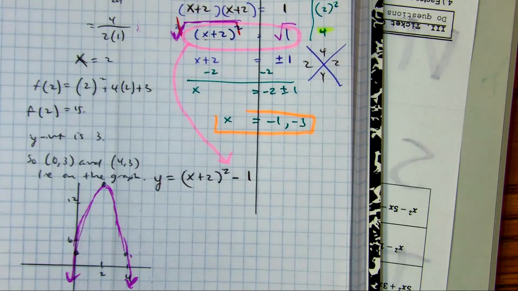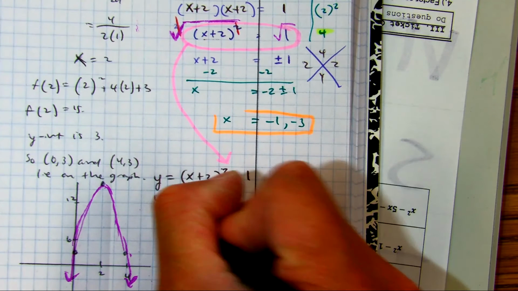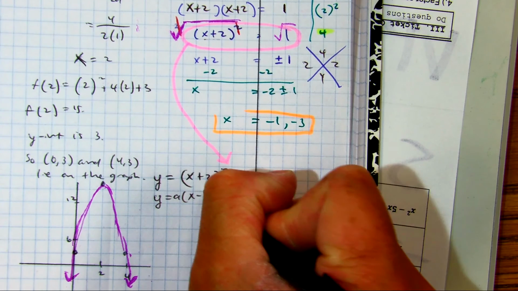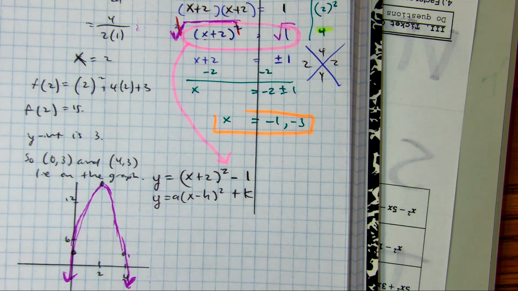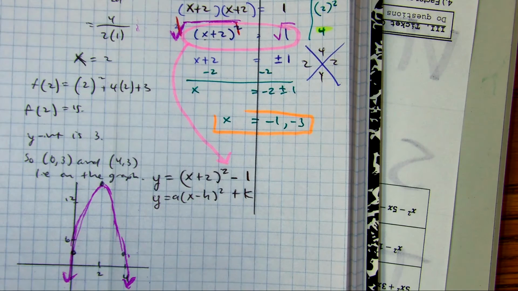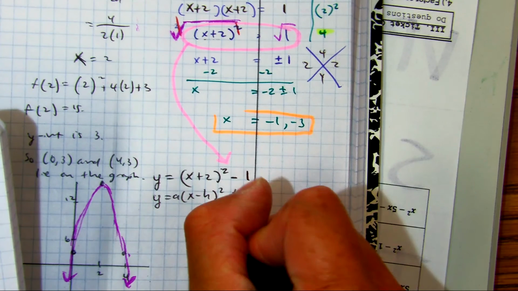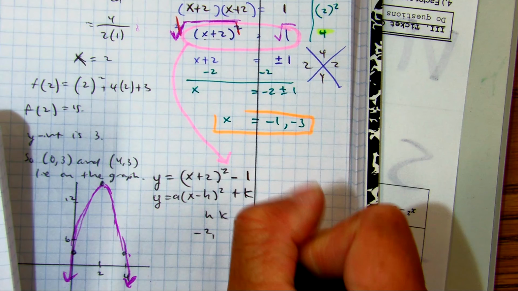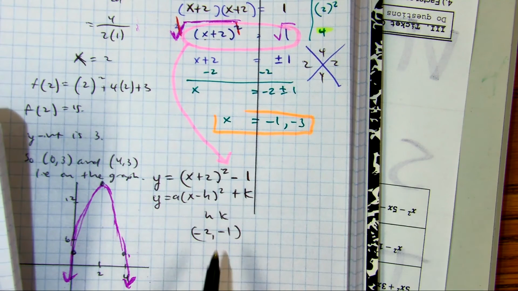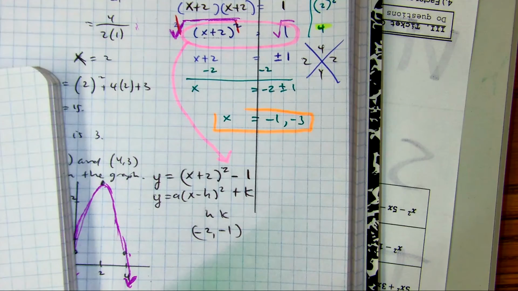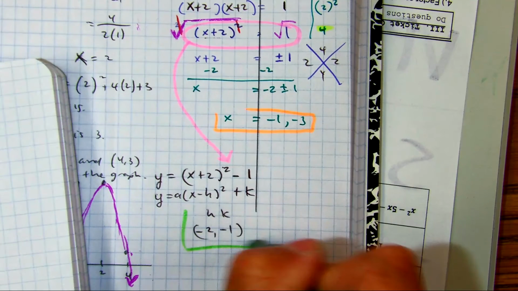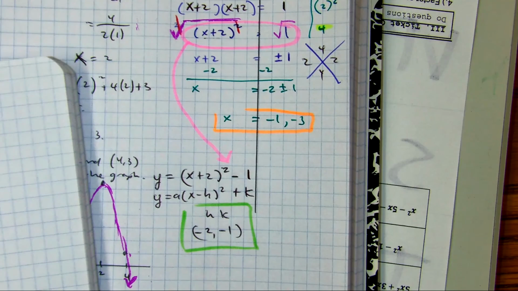Because the form is y equals a(x minus h) squared plus k. So class, what would your h value be? Negative 2. And your k value would be what? Negative 1. So that ordered pair, negative 2, negative 1, put it in green, is actually the same graph here.